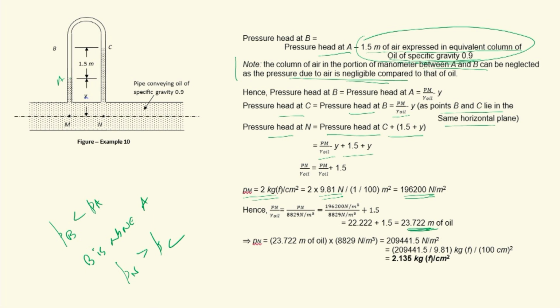So you get this much meter of oil. This can be converted into Newton per meter square and then into kilogram force per centimeter square in the reverse direction. So you get 2.135 kgf per centimeter square as the reading that will be shown by the pressure gauge when it is directly attached to point N.